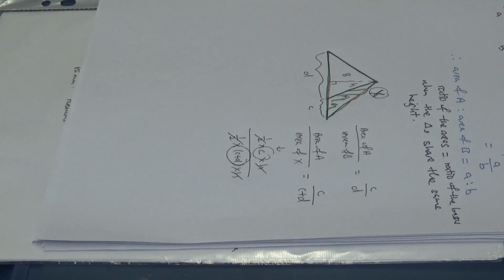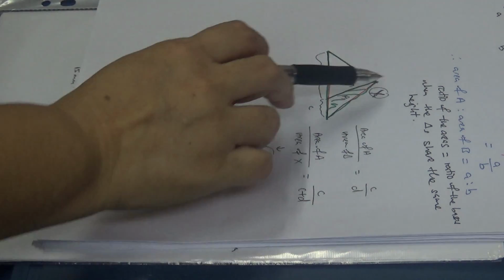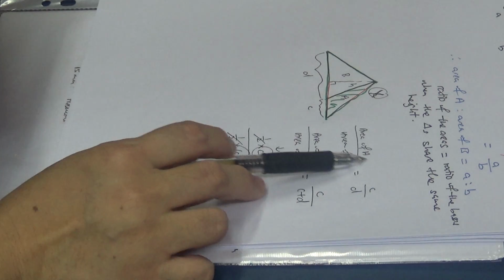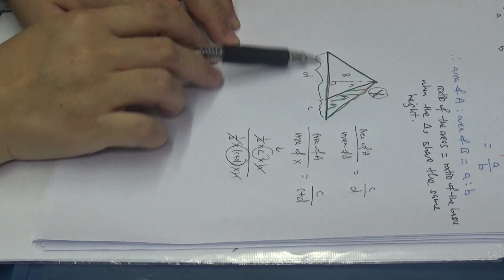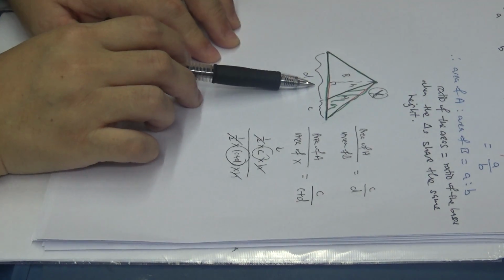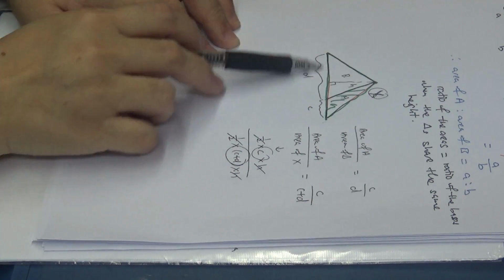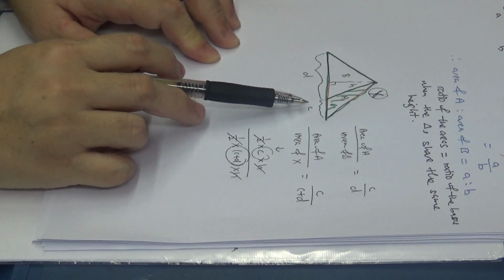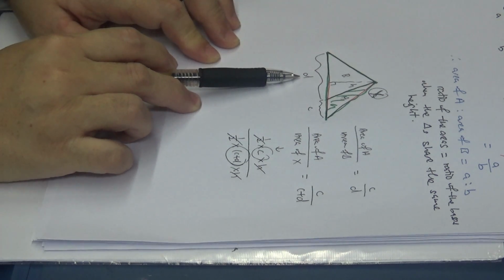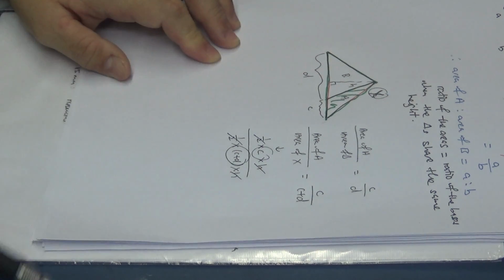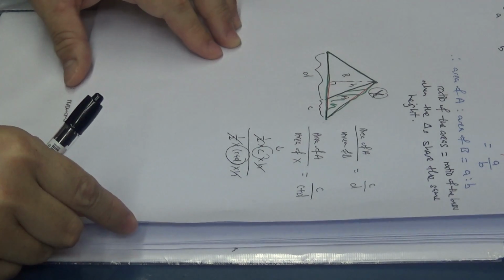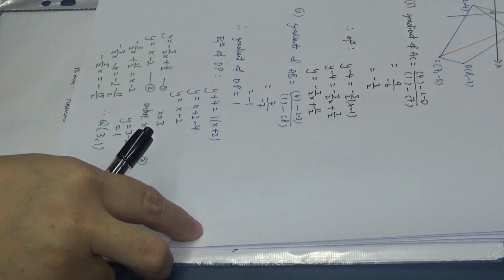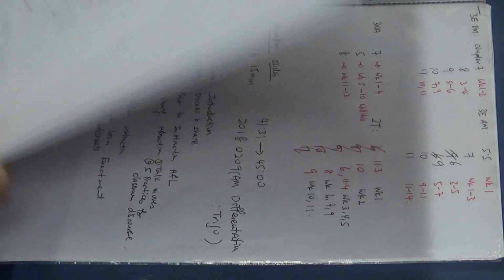It means that if 2 triangles share the same height, the ratio of the areas is just the ratio of the bases. If you take this over this, it is C is to D. If you take this over the whole thing, it is C is to C plus D. This is a concept that you must know before I can do example 14. Okay, let's take a look at example 14.